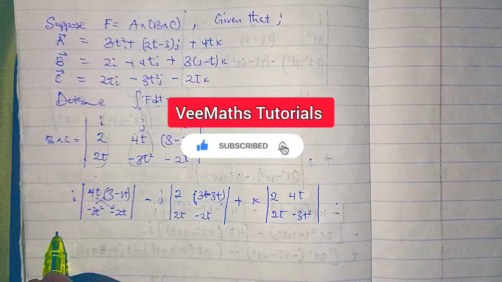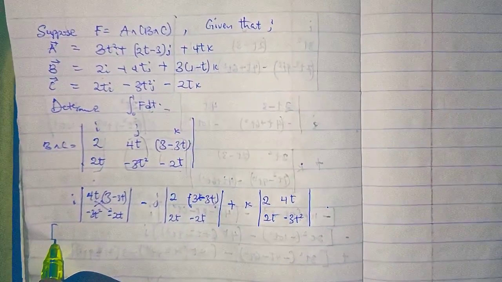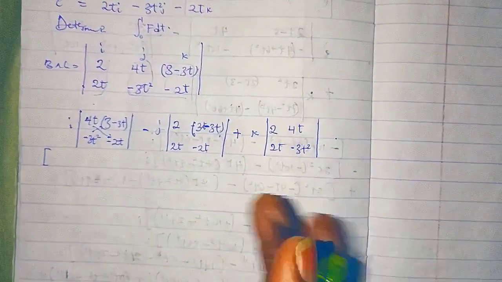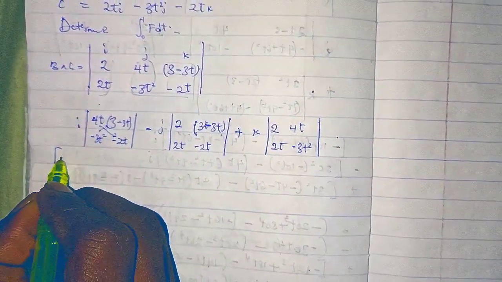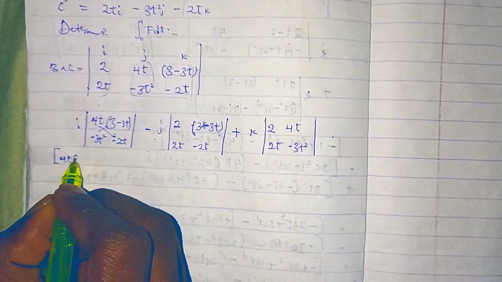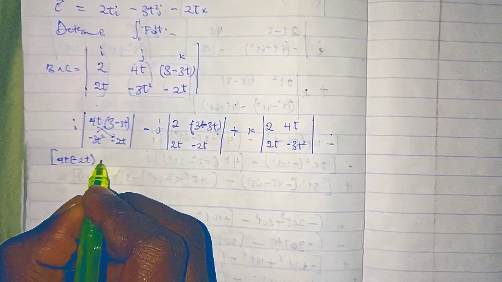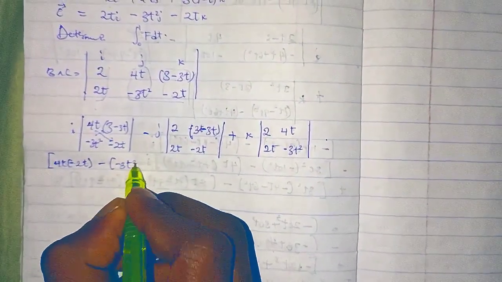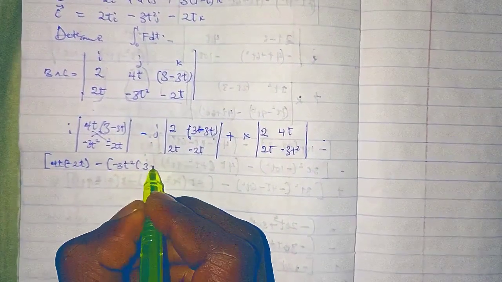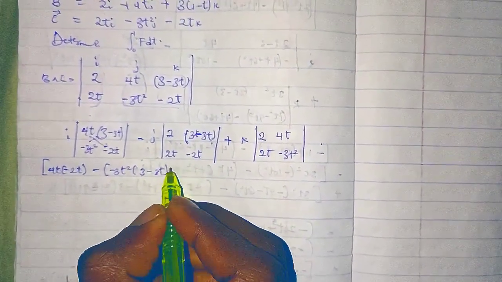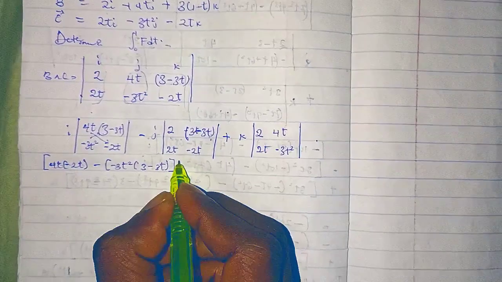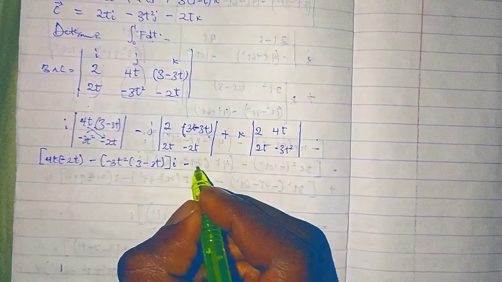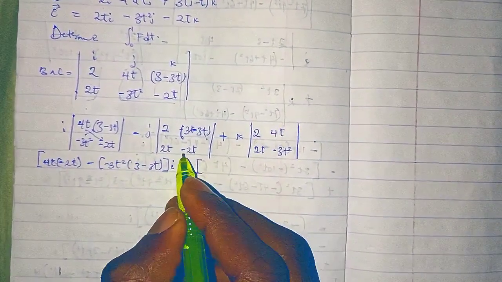So that is going to mean we have, okay, let's have a square bracket here. We have 4t into minus 2t, minus minus 3t squared into 3 minus 3t. Close our square bracket. This is under i. Now remember that j has a negative, so we're going to have negative. Open our square bracket.